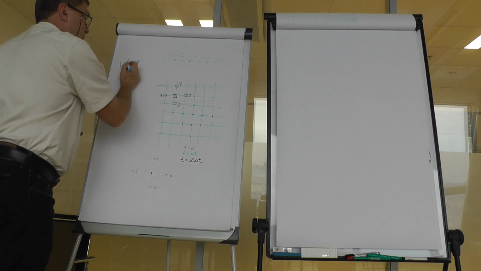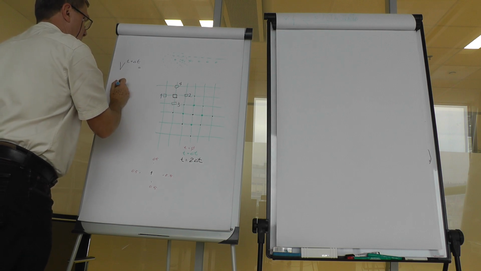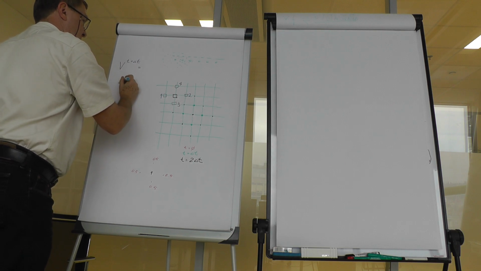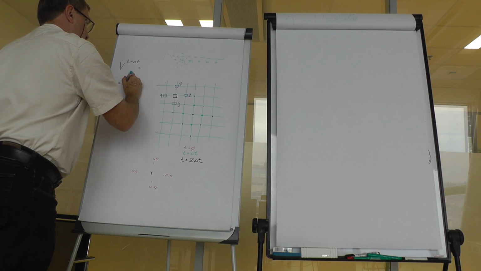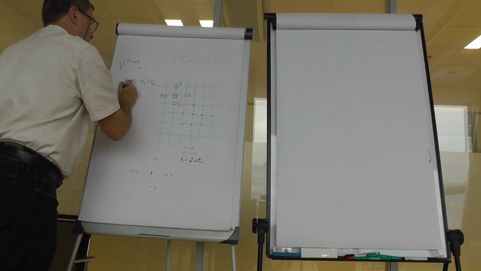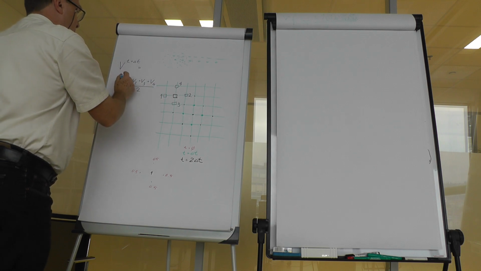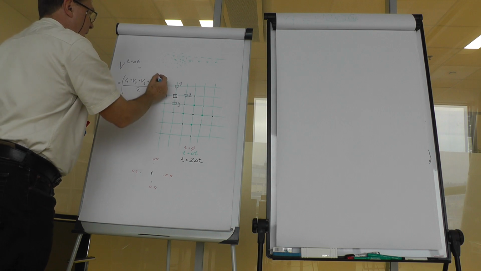So the value is given by V1 plus V2 plus V3 plus V4 divided by 2, and all of those values are at the time k.